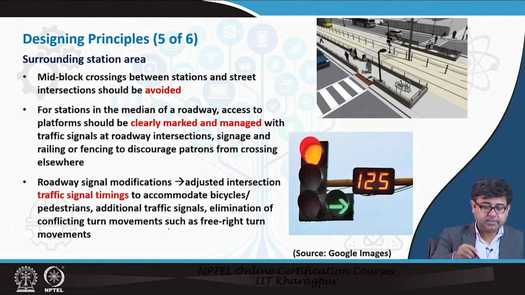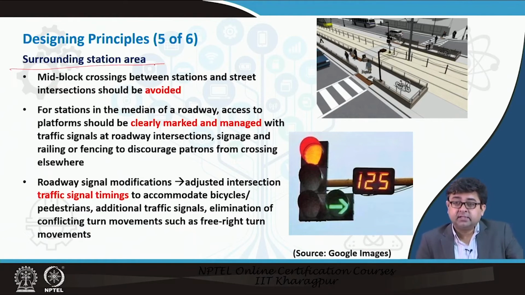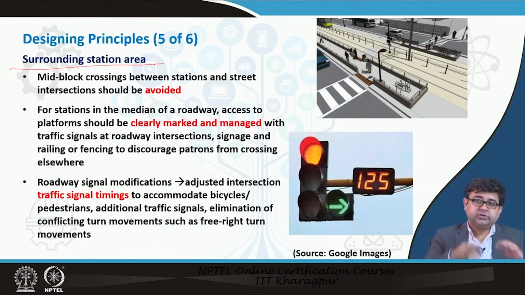The fifth design principle is design your station surrounding areas carefully as well. Do not only look at your station building itself and believe that that is your only jurisdiction that you are planning for or designing for, but also your design should incorporate some of these surrounding areas. Make sure that you have good pedestrian connections.